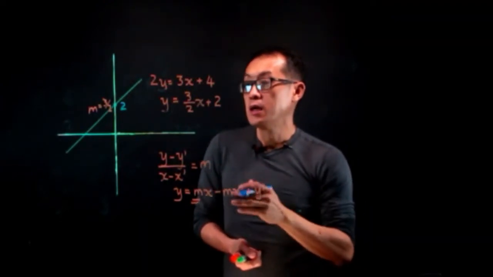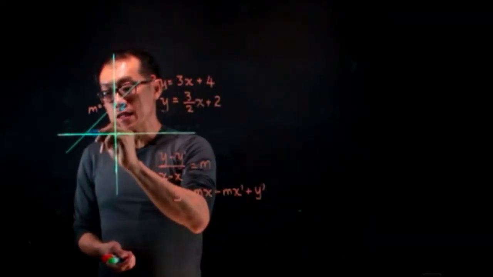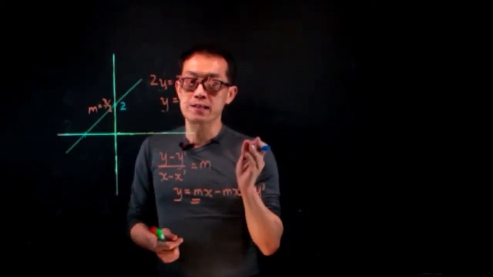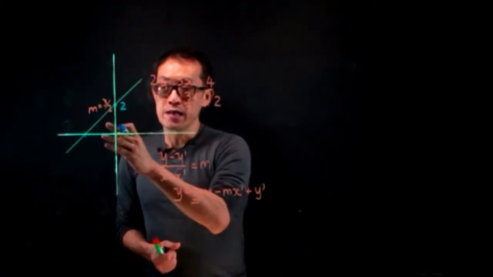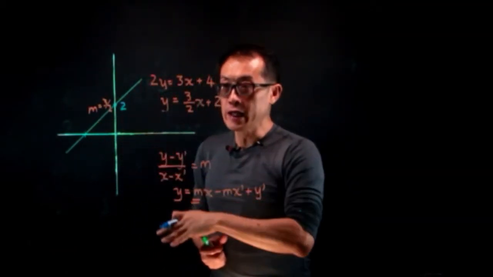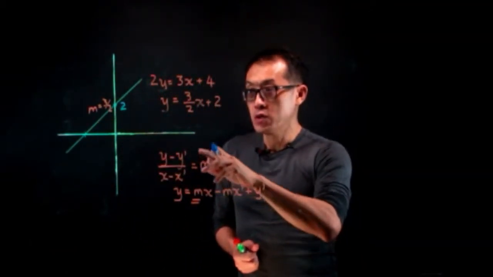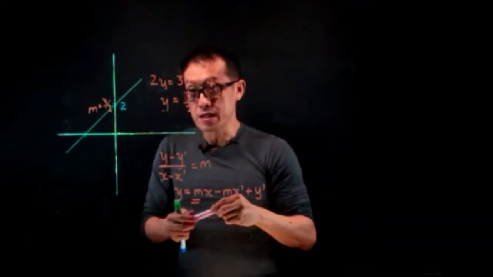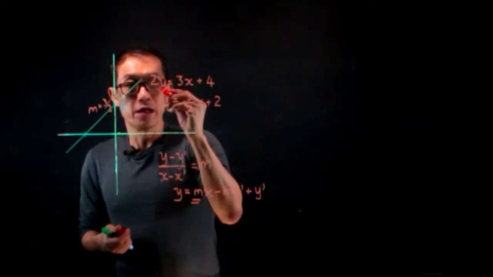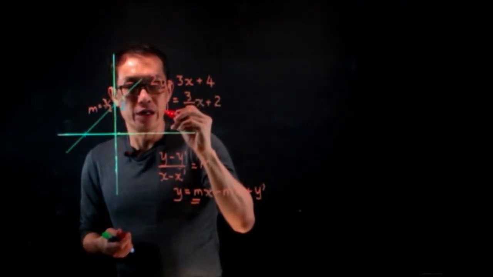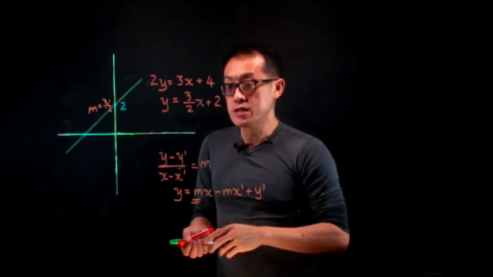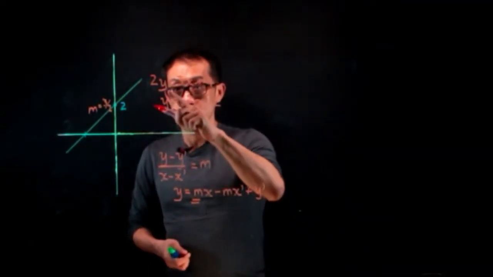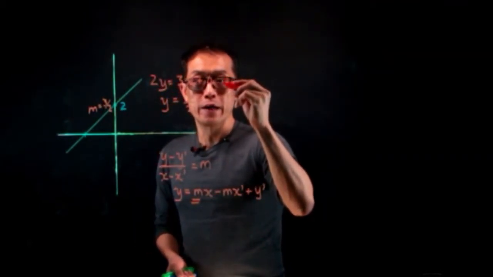Okay? Now, then what is the x-intercept? Any point on the x-axis has its y-coordinate equal to 0. So we can put y equals 0 in any of these equations. Take for example, you put y equals 0 in equation 1.